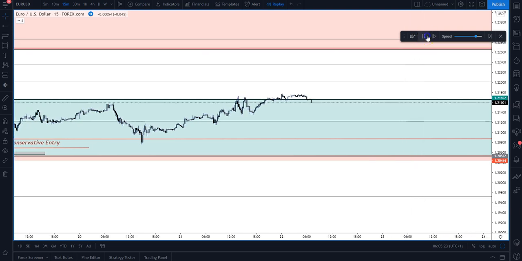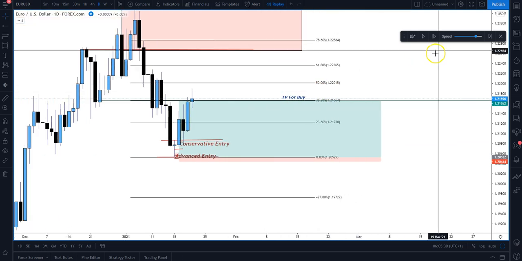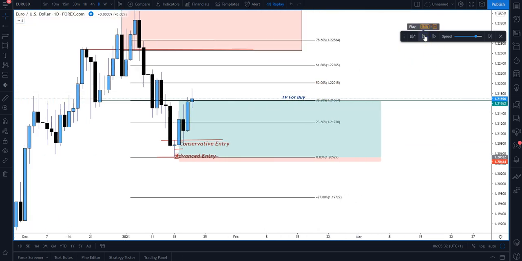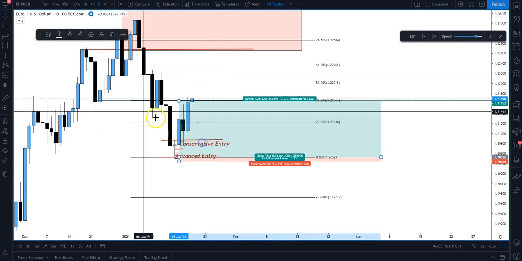Yeah, it's a weekend now. It's not going nowhere. And the Doji is being painted right on the 38.2%. And guess what? Now that we already got this, that trade is done with.